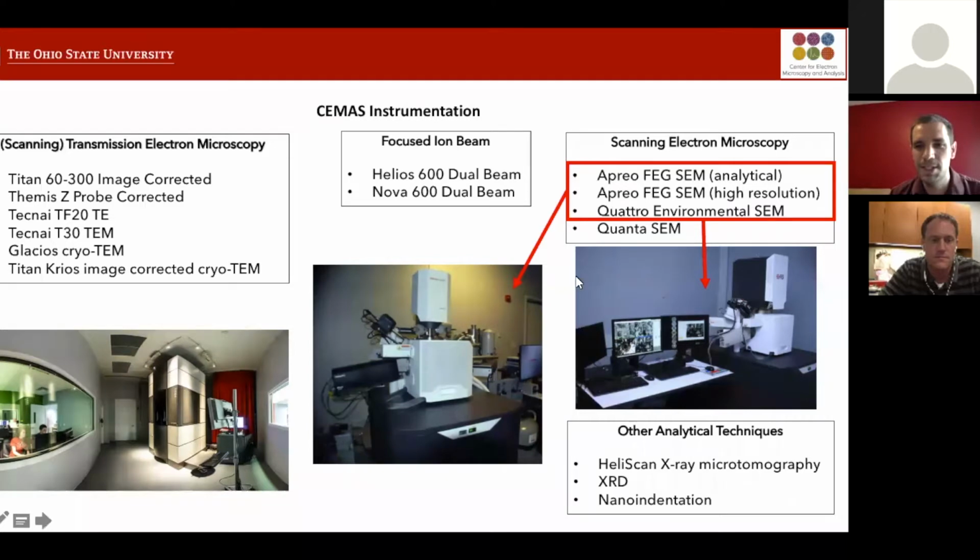Today, what I'm going to focus on is a couple different capabilities that are available and useful in the SEMs with cathodoluminescence. So our Apreo 1 instrument has a retractable cathodoluminescence detector, and the Quattro has a full spectrum cathodoluminescence system where it can do a lot of cool stuff.